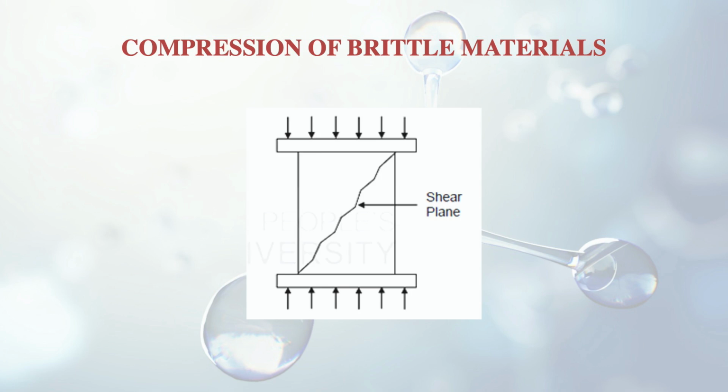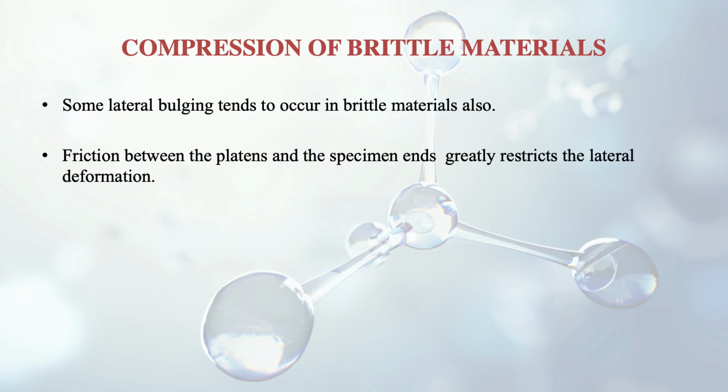The top one is the top platen, the bottom one the bottom platen. So friction between the platens and the specimen ends greatly restricts the lateral deformation. Here at the ends where they are joining, this friction will restrict the lateral deformation. If it tries to deform, then it will restrict that.